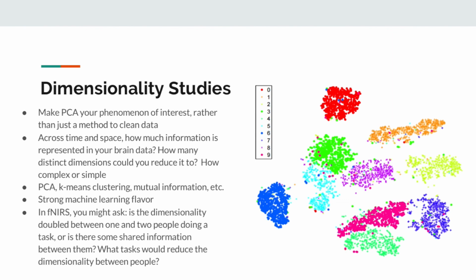You would use algorithms such as principal component analysis, k-means clustering, mutual information, etc. And in fNIRS, using this approach, you might ask, is the dimensionality doubled between 1 and 2 people doing a task? Or is there some shared information between them? What tasks would reduce the dimensionality between people, meaning they are sharing more brain activity between each other?